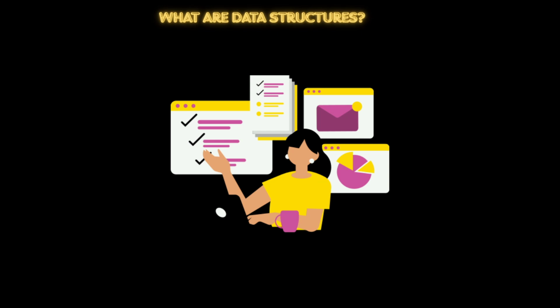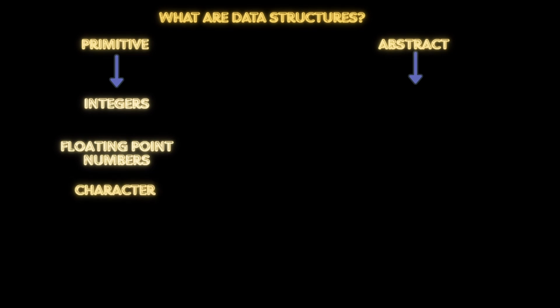In computer science there are two different kinds of data structures: primitive data structures and abstract data structures. What is a primitive data structure? Primitive data structures are basic data structures provided by the programming language to represent single values such as integers, floating points, characters and booleans.